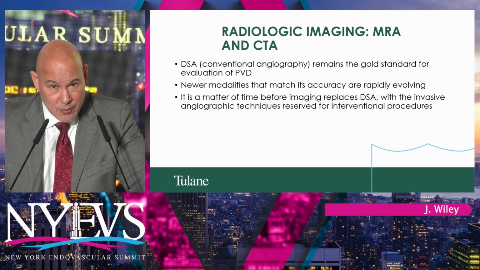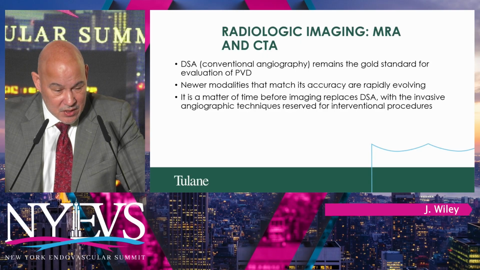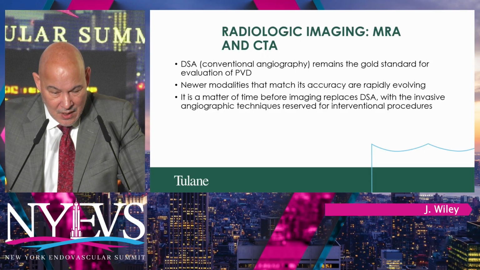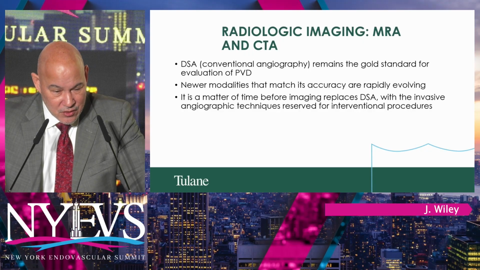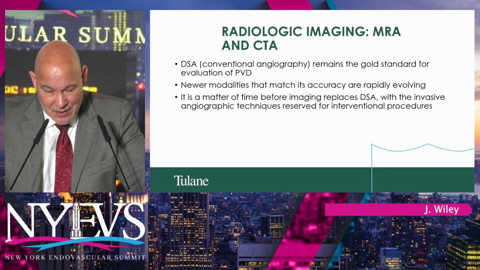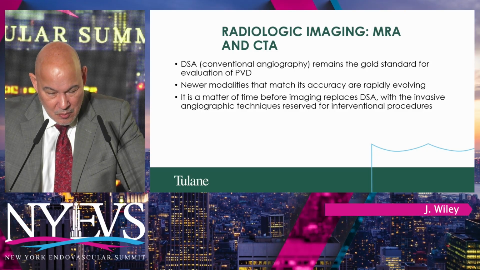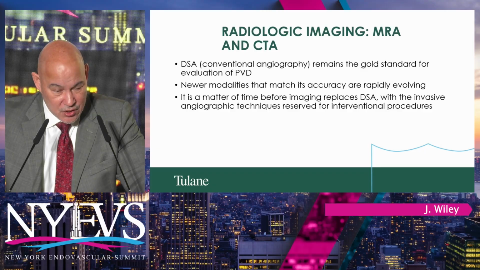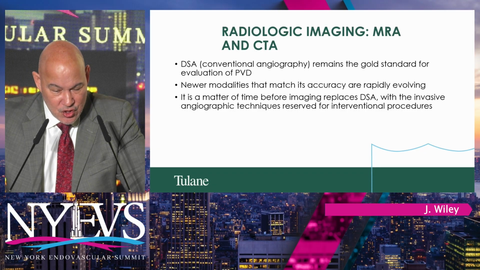If it's a patient that presents with critical limb ischemia, then these are the patients that you want to intervene earlier rather than later. And in order to plan these interventions, it is reasonable to use DSA. DSA has been the historical gold standard, but the accuracy of other modalities such as CTA and MRI is just as good.